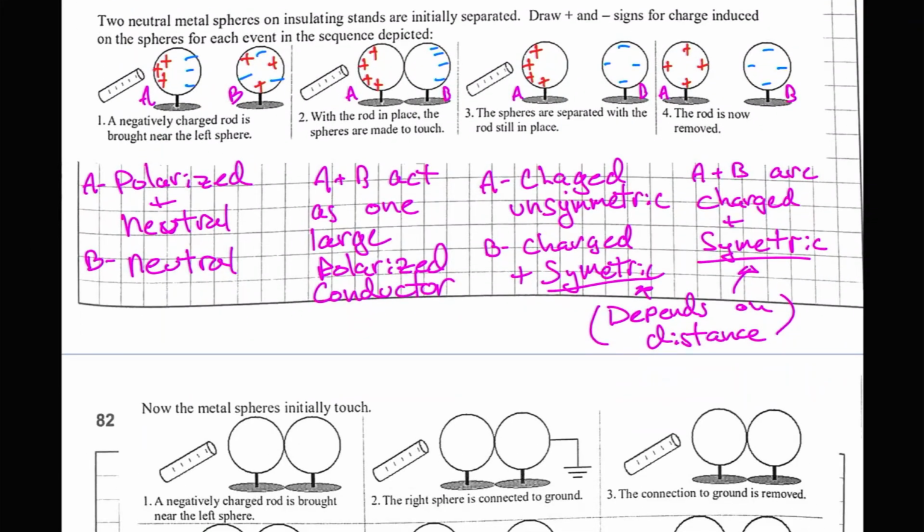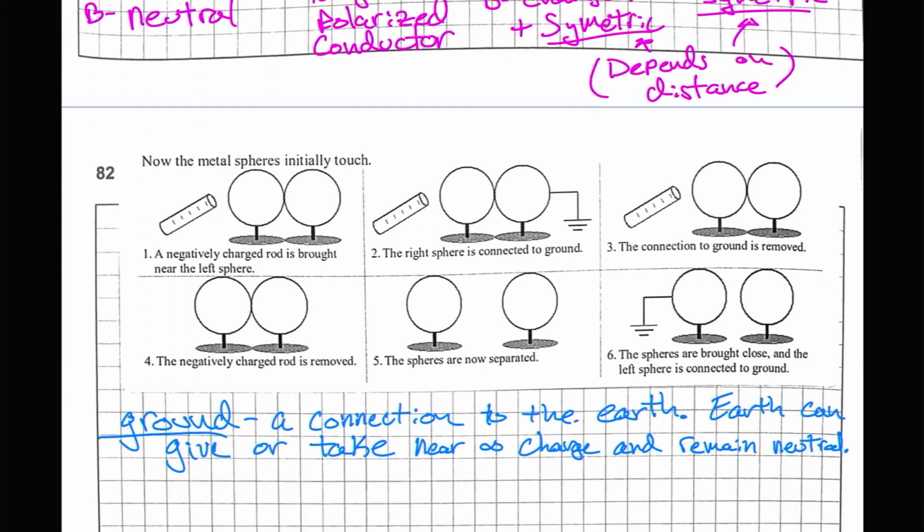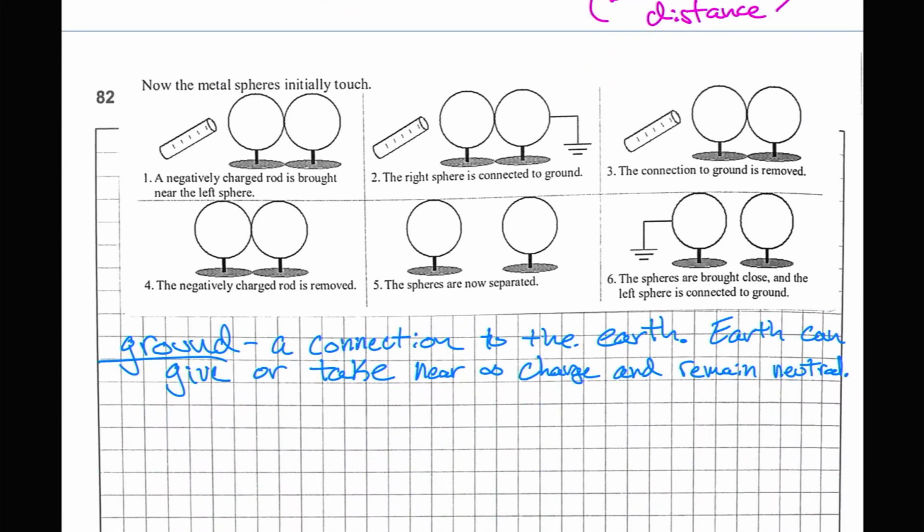All right, we got one more example to look at. And this example involves ground. Grounding is a connection literally to the Earth, and the Earth is so large that it can basically give or receive a near infinite number of electrons and remain essentially a neutral object. You've probably heard of a lightning rod.